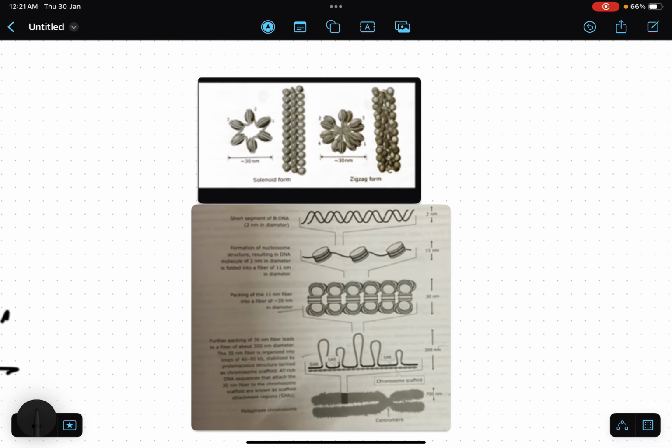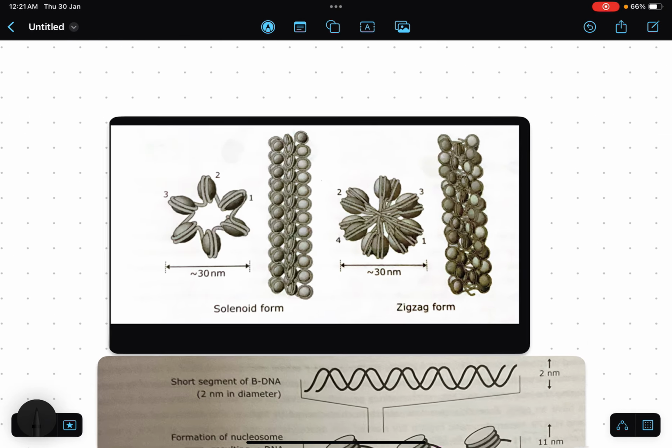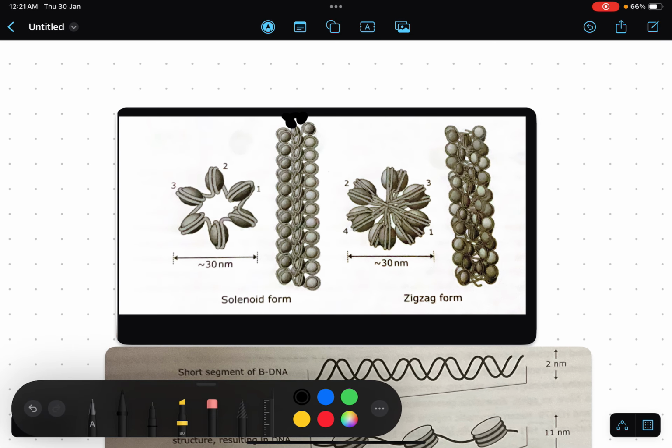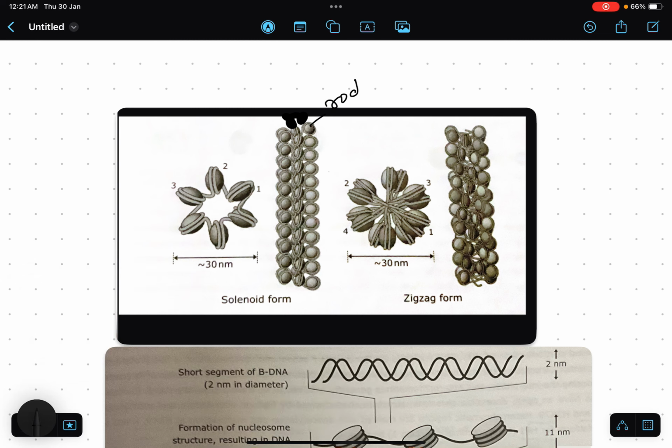If we look at this, we find that this is the 30 nanometer fiber which is in a single scaffold like a rod like structure. It is assembled into a rod like structure, then it is known as the solenoid form, and this model was very much used in previous days.